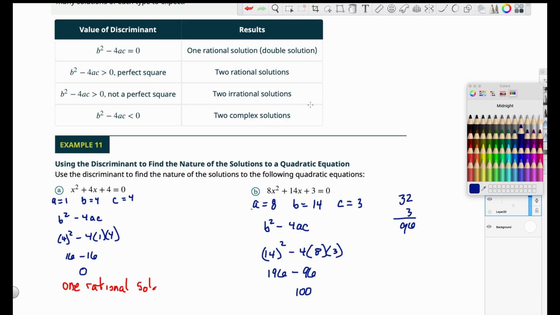So 100 is a positive number, and it's a perfect square. So we're looking at this second row right here. This has 2 rational solutions. Remember, rational solutions don't have a radical in there. This is going to be able to be written as a fraction. That's what rational means. Okay, 2 rational solutions.